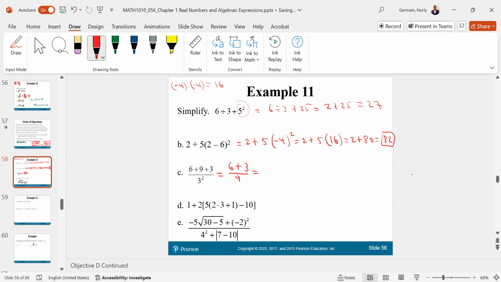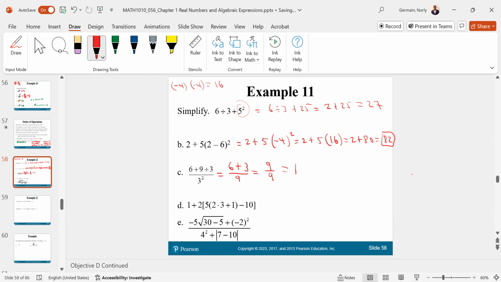So now you cannot say I'm going to do the division first. You don't have a division yet because you don't have 6 divided by 9. You have 6 plus 3. You could use a parenthesis here to explain it. Okay, so what we need to do is really to add the top first. That's 9 over 9, which is 1.